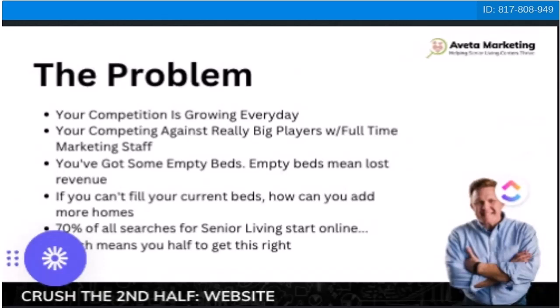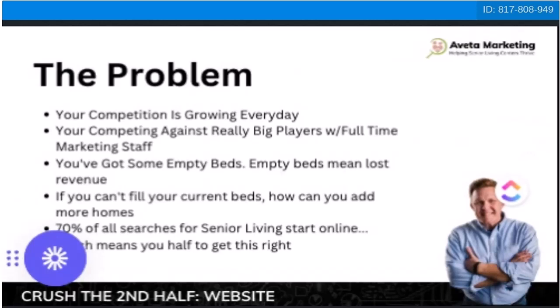You could just do the quick math and say, geez, if I could step up my marketing in the second half of 2023 and fill the house up, how much does that mean to me? And it's a big number, right? And if you're looking at adding a second, third, fourth home, you've got to focus on getting this one full. So all those things to say.